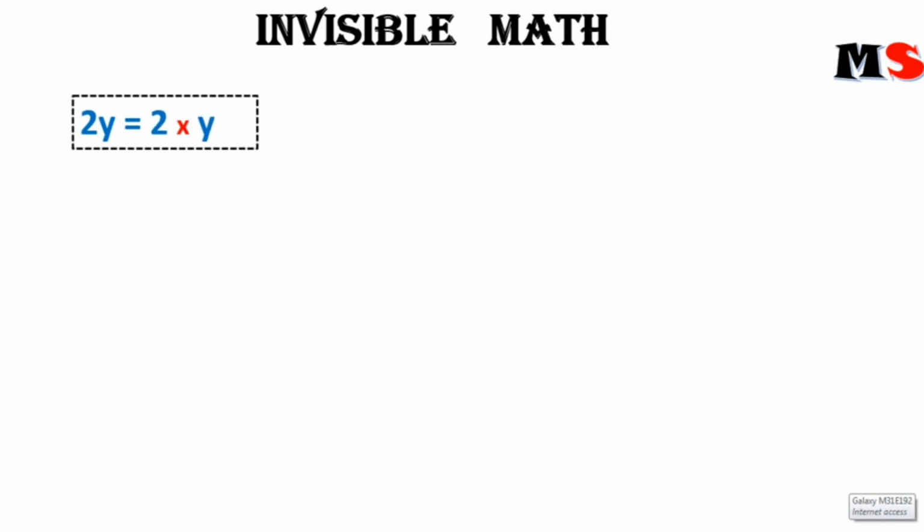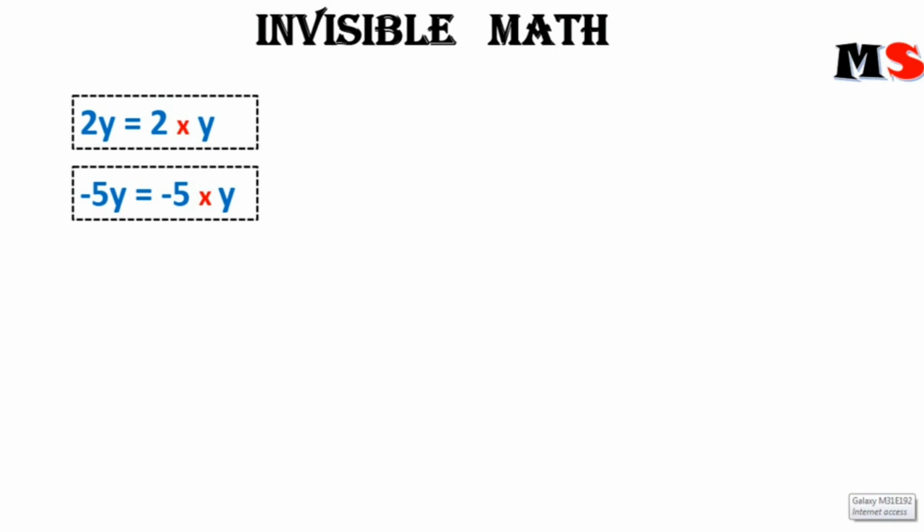Next, we have 2y, variable y with coefficient 2, and minus 5y, with variable y and coefficient minus 5. These terms can be written as 2 multiplied by y, and minus 5 multiplied by y.